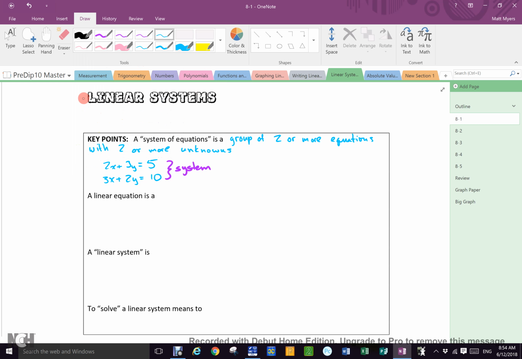Now, what then is a linear equation? Any equation that represents linear data? Okay, that's pretty explicit.